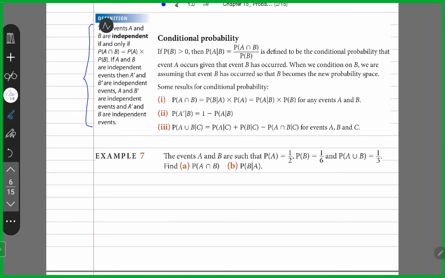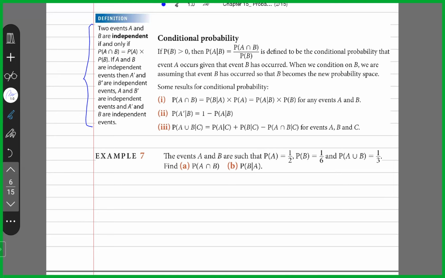Conditional probability, which you would have seen from ADMAF. So if the probability of B is greater than 0, then the probability of A condition B is the probability of A intersect B divided by the probability of B, and is defined to be the conditional probability that event A occurs given that event B has occurred.